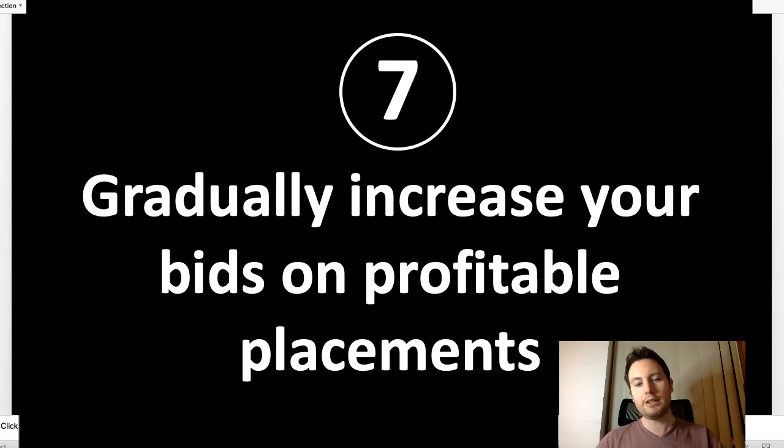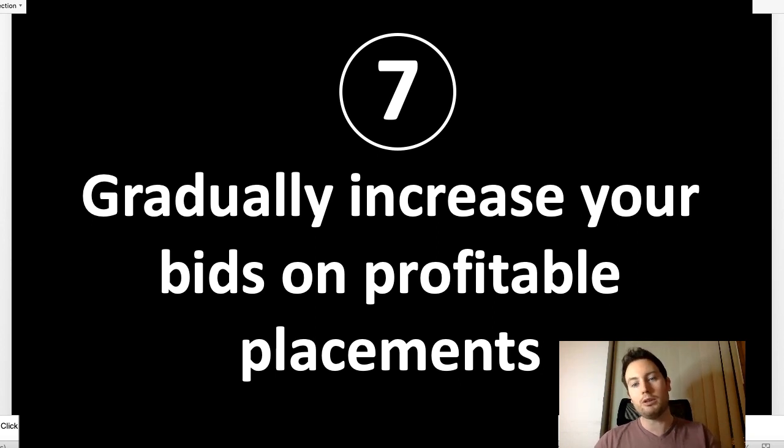The next one is that you should continue to increase your bids on the profitable placements. For example, when you start out, you may set a bid of $1, and when you start to see conversions come in, you want to gradually increase your bids on the widget IDs, not the actual placement ID level.